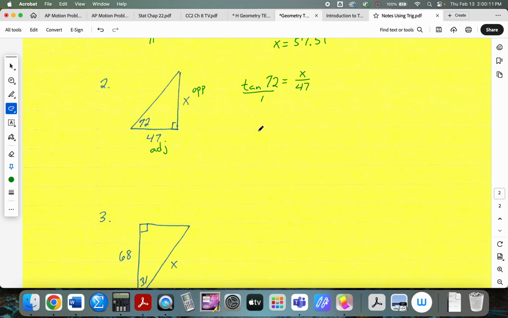We'll put this over 1 and cross multiply. We get x is equal to 47 times the tangent of 72.